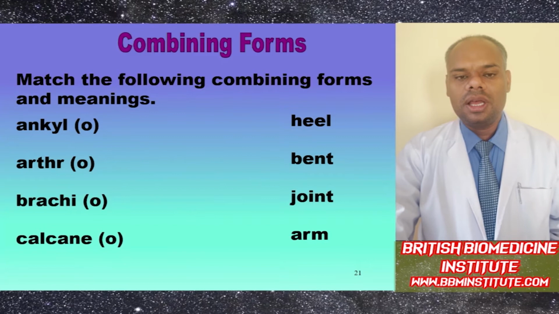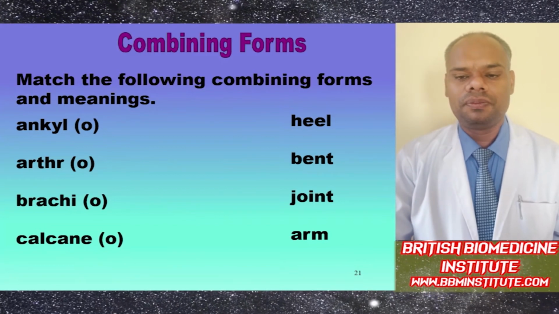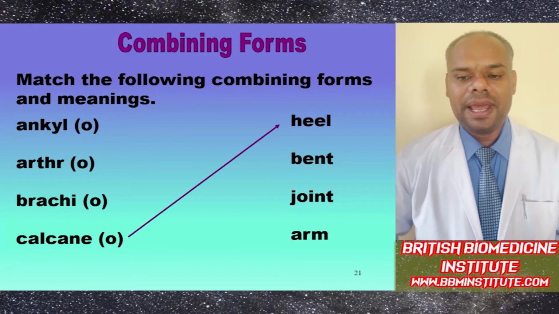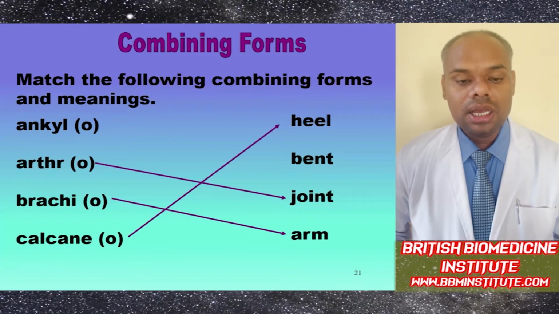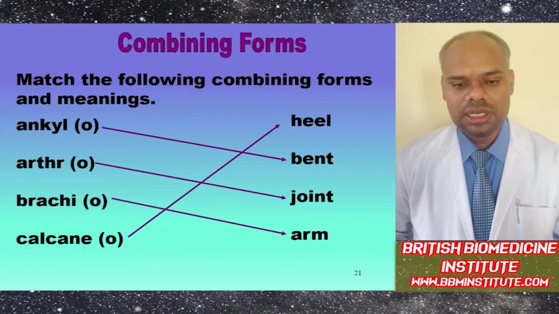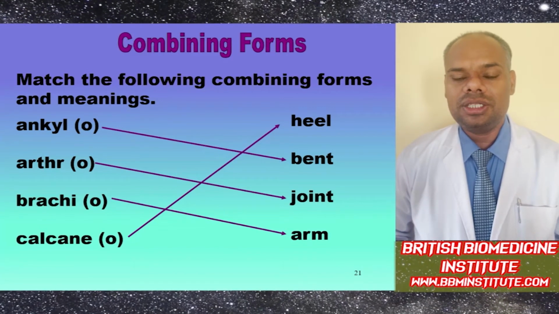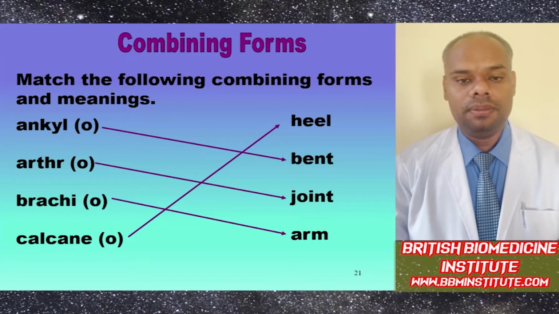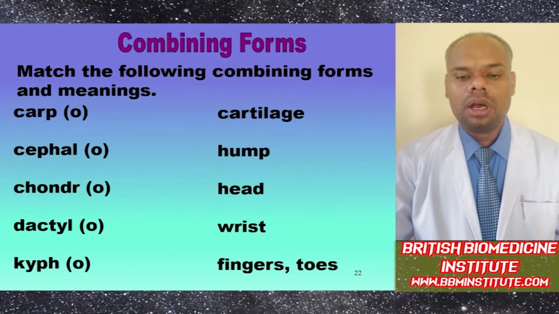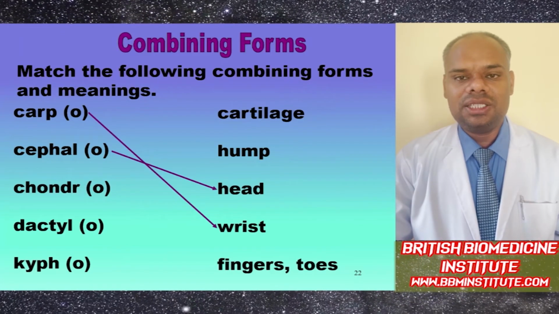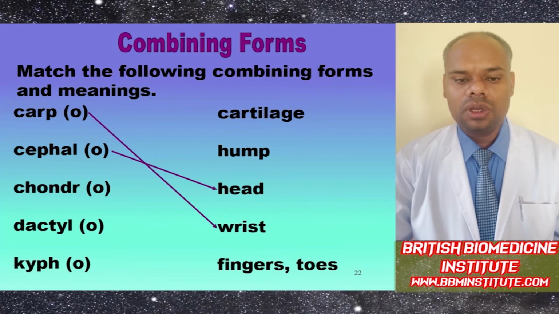Now comes the match the following. Ankle gets matched with bend, arthr gets matched with joint, brachi is your arm, and calcane is your heel. Carp is your wrist, and cephal is your head.